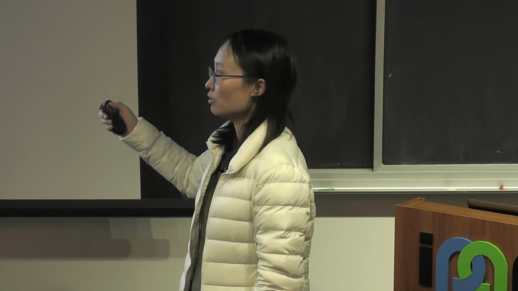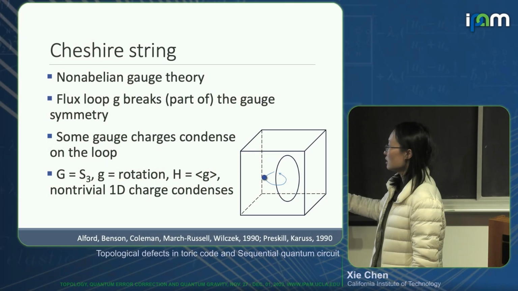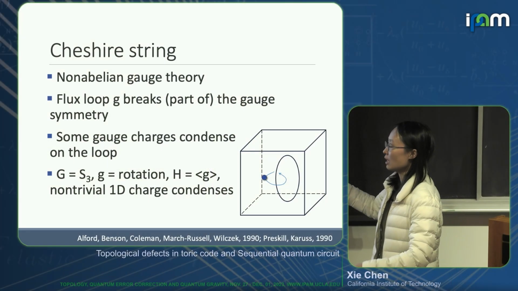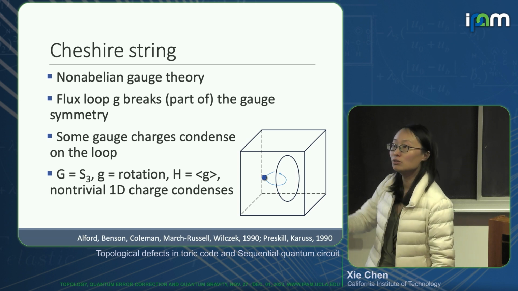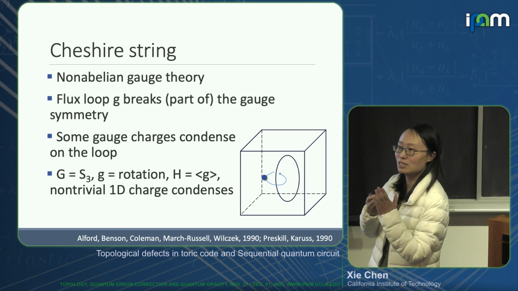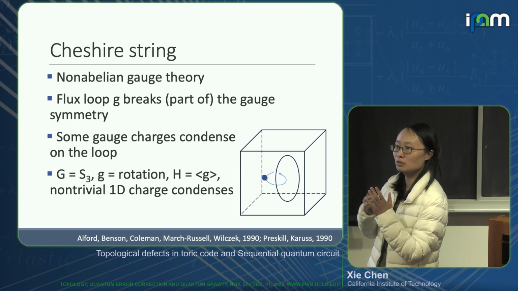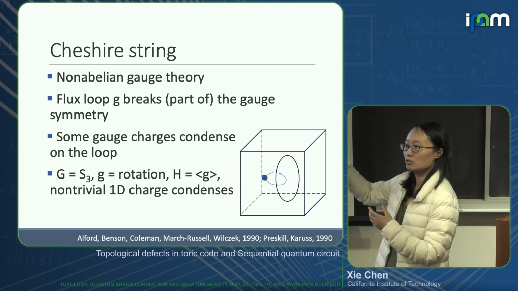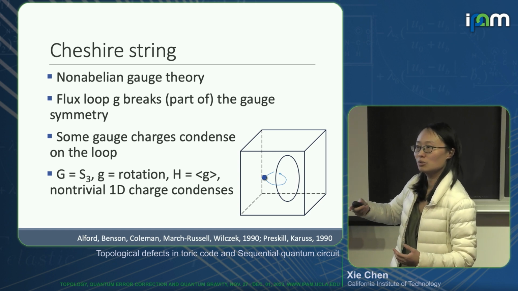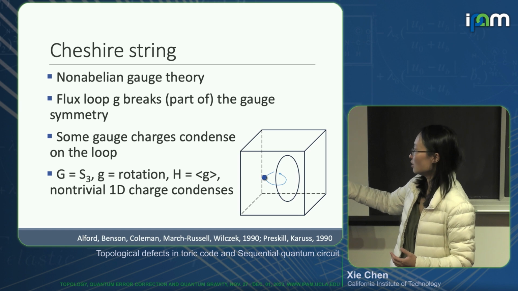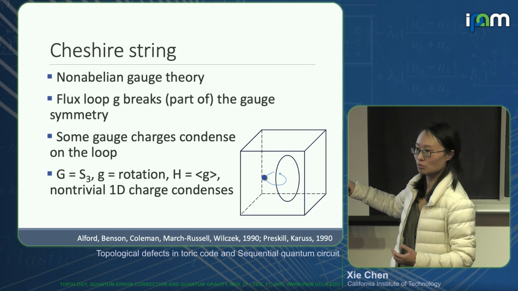I'm just saying that in non-abelian gauge theory, these gauge flux loops naturally have to also have charge condensation. For toric code, they don't have to happen at the same time. Toric code is an abelian gauge theory, so the flux loop doesn't have to have charge condensed on it. But for the non-abelian one, we have to condense these charges on the flux loop.